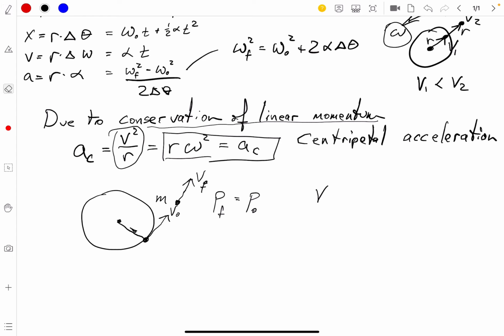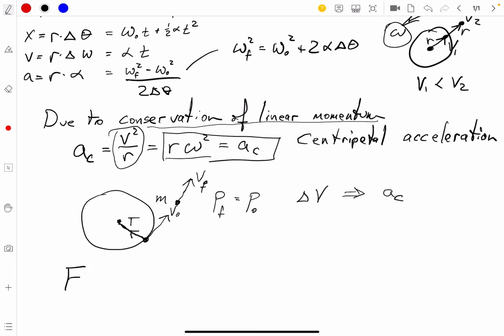We're forcing it to have some kind of tension or some force here that's holding it in the circle. Since we're holding it in the circle, we're changing delta V, and that change in delta V, it's not a magnitude change, it's a directional change, and that leads to our centripetal acceleration. I think that's pretty explanatory, so let's move on.